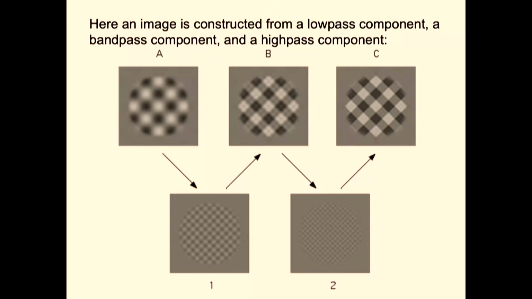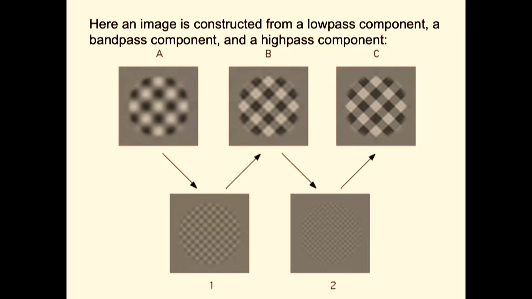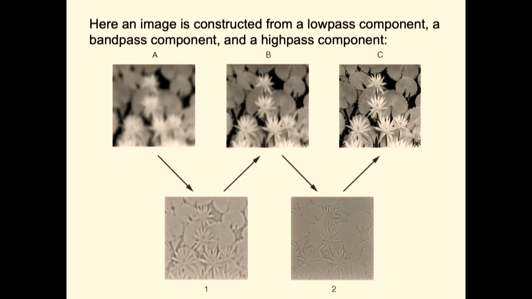And this is an image that is built up from a low-pass component, a band-pass component, that's number one, and a high-pass component, that's number two. Okay? And you get something that looks more like a full-resolution image. Here's another example of a photograph of flowers that's been decomposed into low-pass, band-pass, and high-pass components.